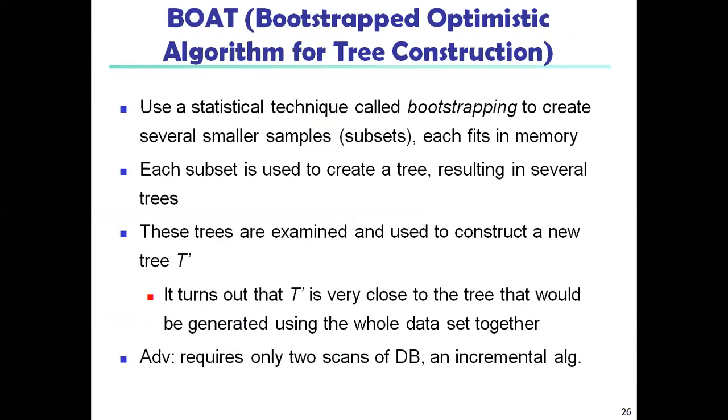These trees are examined and used to construct a new tree T. It turns out that T is very close to the tree that would be generated using the whole data set together. Advantage: requires only 2 scans of the database, and it is an incremental algorithm. This is regarding the optimistic algorithm for tree construction.